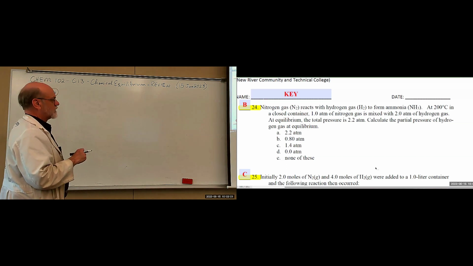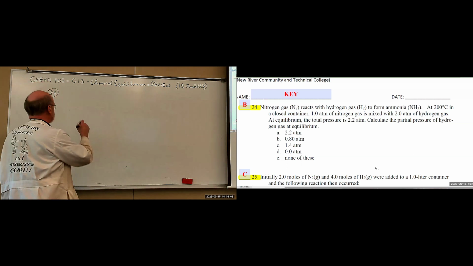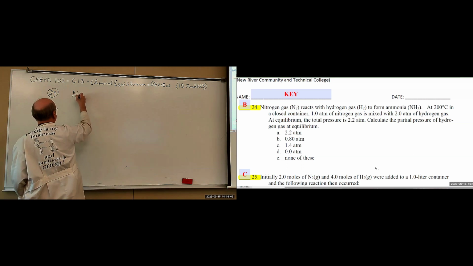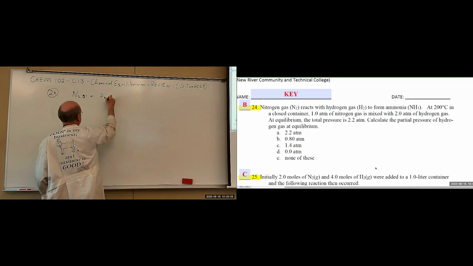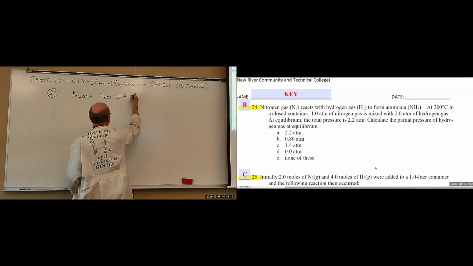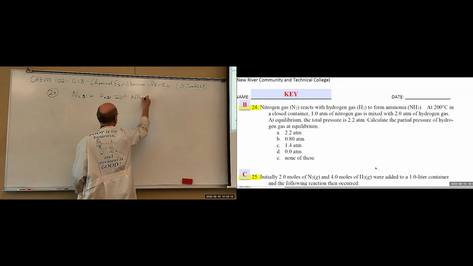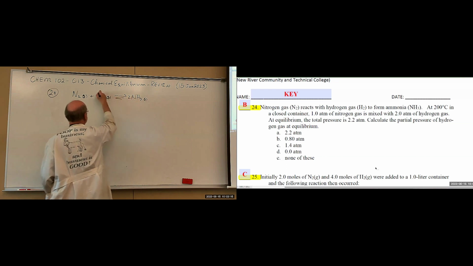Nitrogen gas reacts with hydrogen to form ammonia. Where have I seen that one before? Nitrogen gas reacts with hydrogen gas to form ammonia gas. Three of those.